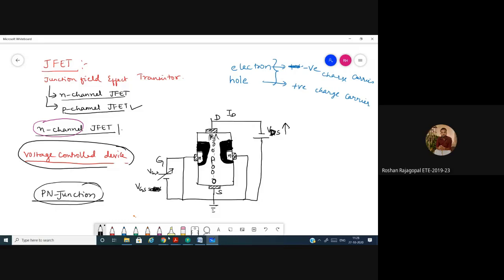Okay. Why is it called a voltage control device? Because it reduces the flow of the holes. Okay. Anybody? Others? Can you answer why it is called a voltage control device?